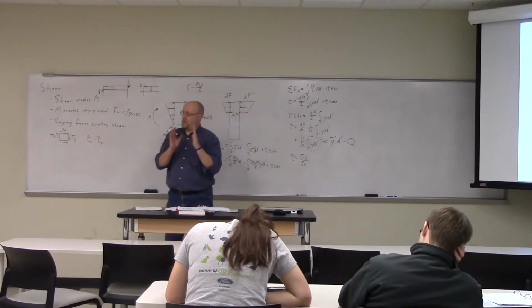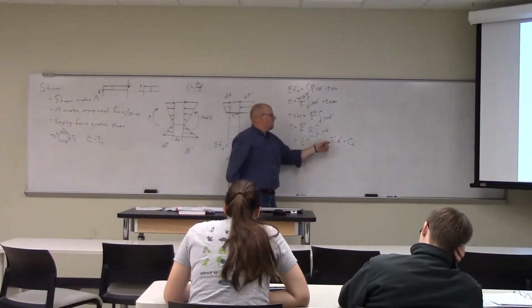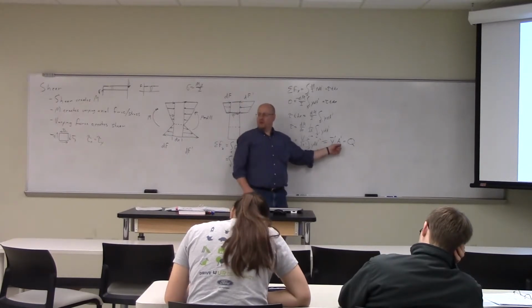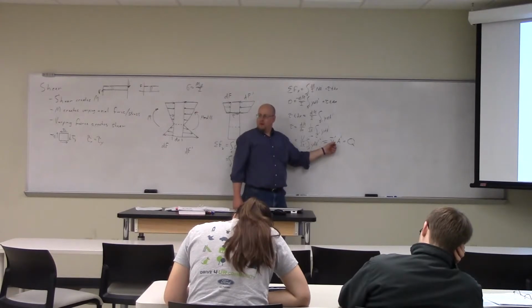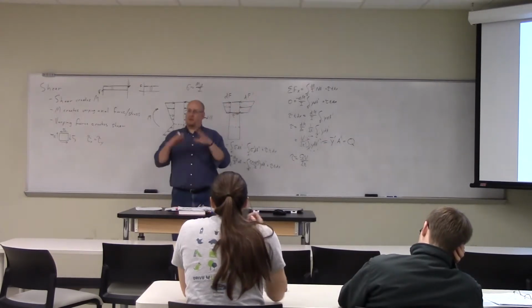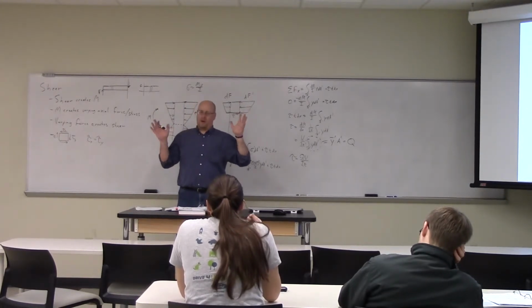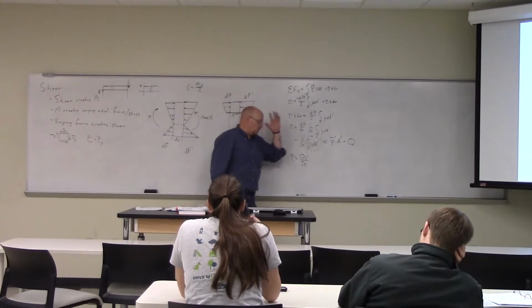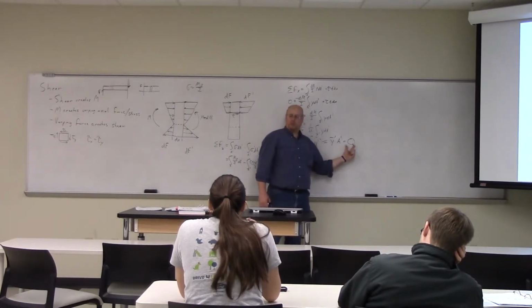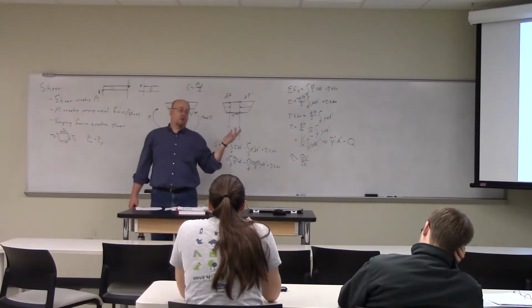If I have a rectangular beam, then this falls off linearly with y, and this falls off linearly with y. So Q is actually going to fall off quadratically. If I have some other more complex structure, it's going to fall off some funky way. There's not a nice, easy mathematical representation for Q because it varies depending on the cross-section. And the more complicated the cross-section, the bigger the variation in Q.